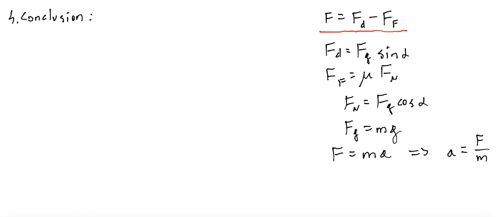So let's imagine that we have an object placed on a slope. So there's a sloped surface. We have an object of given mass. Use g as 10 meters per second squared.